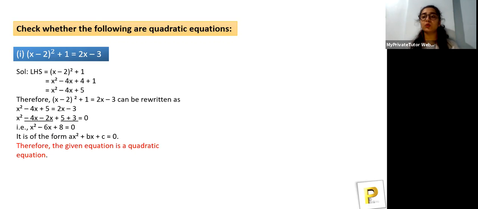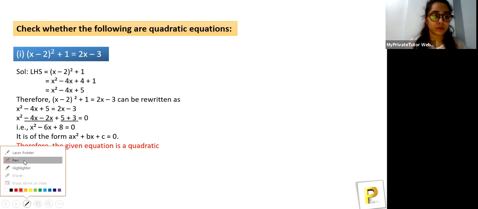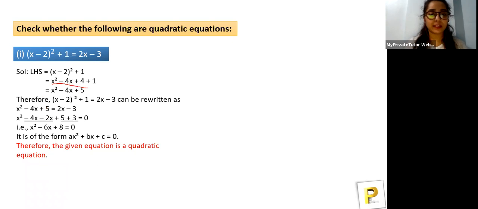If you simplify x minus 2 the whole square, like a minus b the whole square, it becomes a square minus 2ab plus b square. So this becomes x square minus 4x plus 4, and 1 will be as it is.